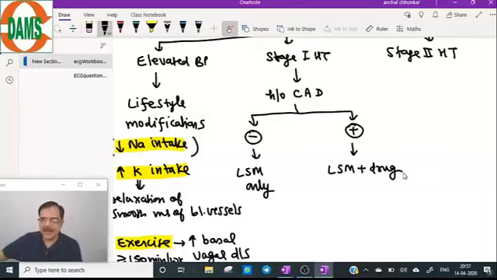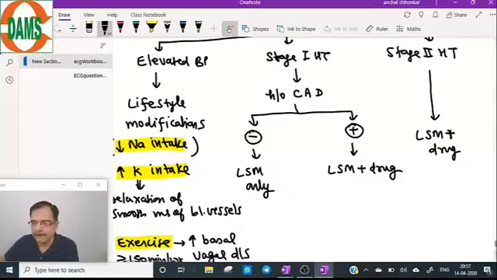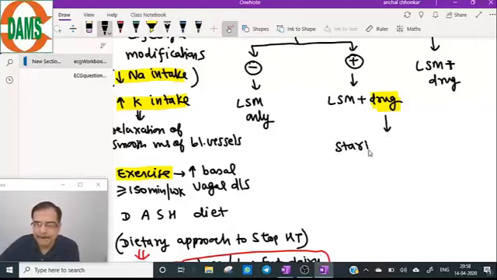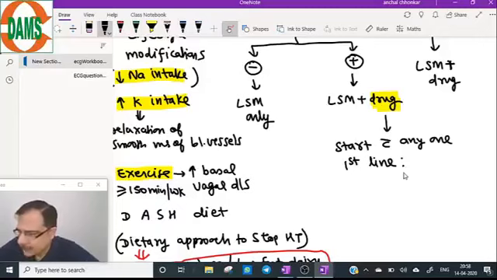And stage 2 hypertension, straight away, lifestyle modification with drug.